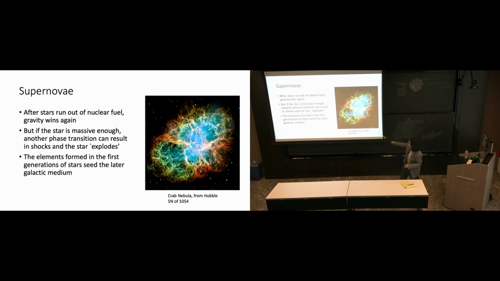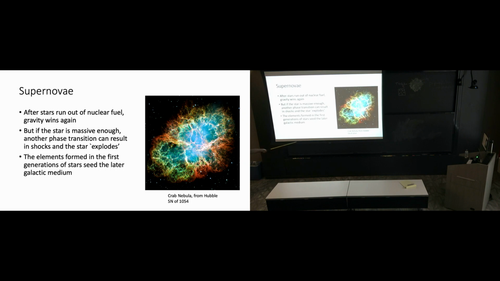This is a picture of the Crab Nebula, the result of a supernova that was observed, written about by the Chinese astronomers almost 1,000 years ago, and now with Hubble we can observe it with remarkably high definition to see the eventual outcome of the supernova.